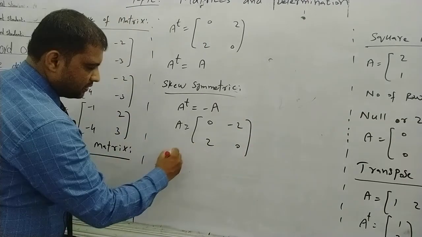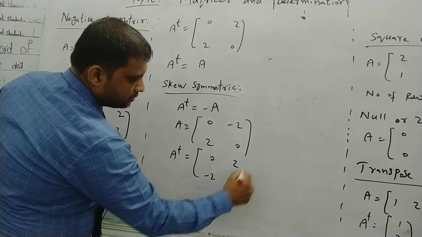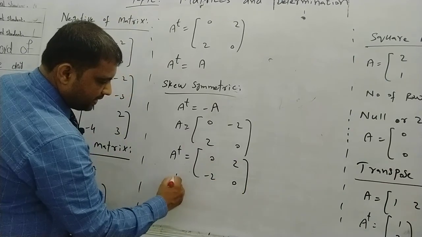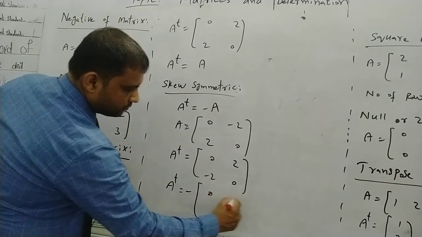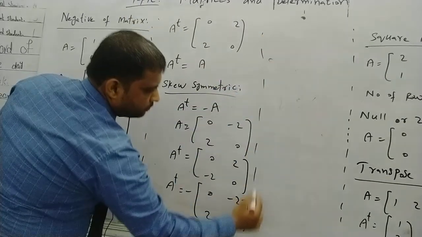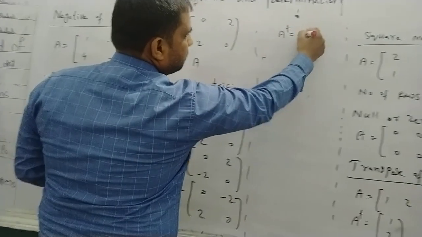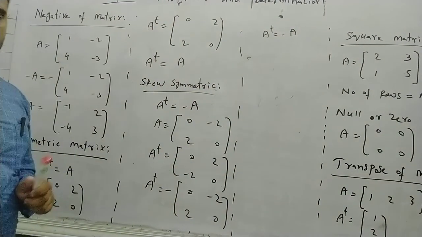So by transpose, 0 minus 2, when multiplied by minus, we get minus 2 2 0. So A transpose is equal to minus A.